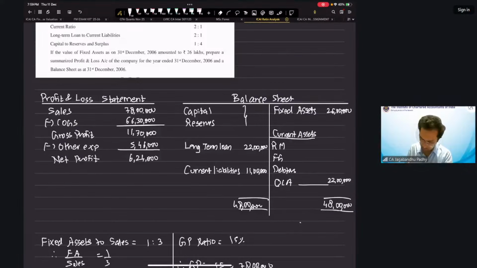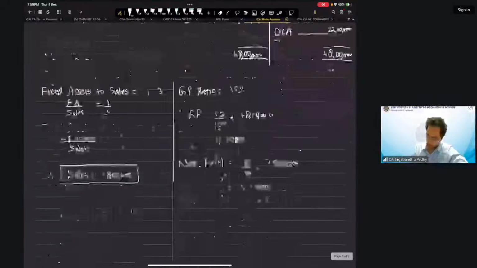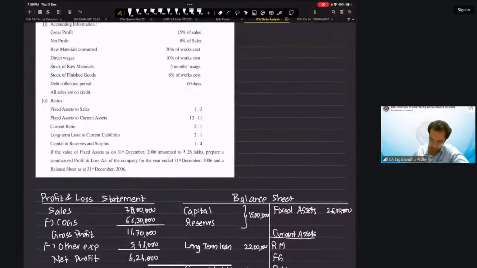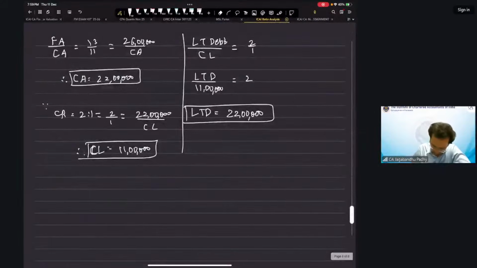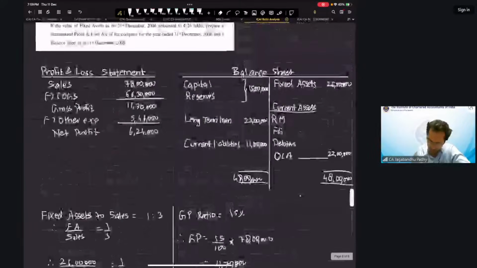So the total of capital and reserves is going to be 48 lakh minus 33 lakh, which is 15 lakh. Capital and reserves is 15 lakh, but the ratio is 1:4. So capital plus reserves is 15 lakh.